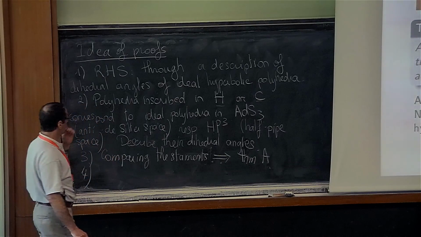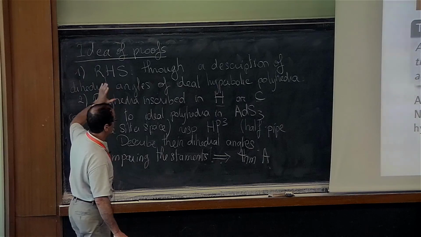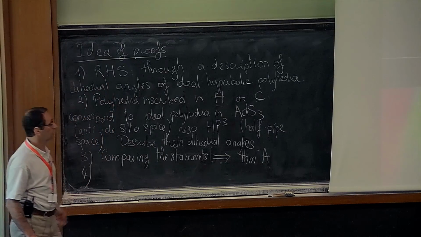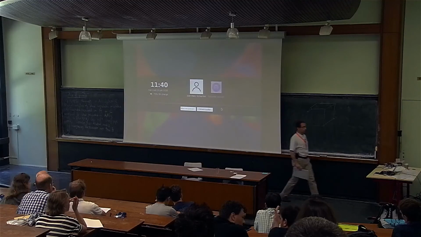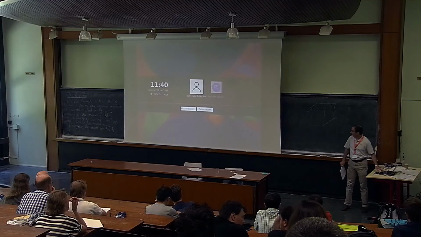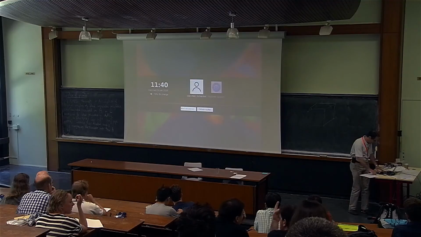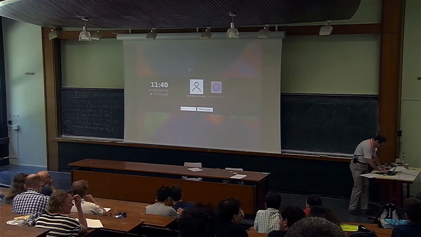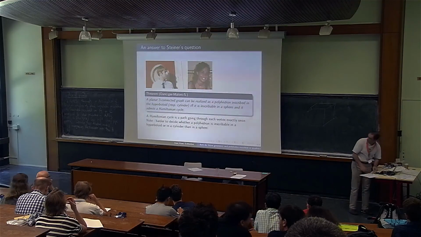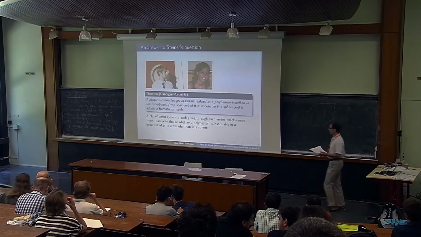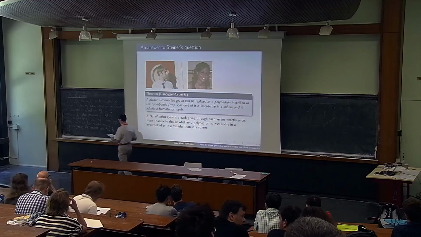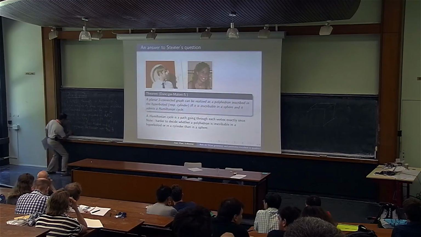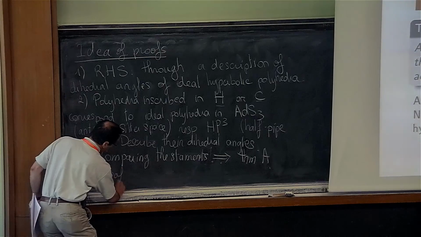The reason is that the key tool that makes things work in hyperbolic space does not work in anti-de Sitter space. So the idea is that the proofs are different.